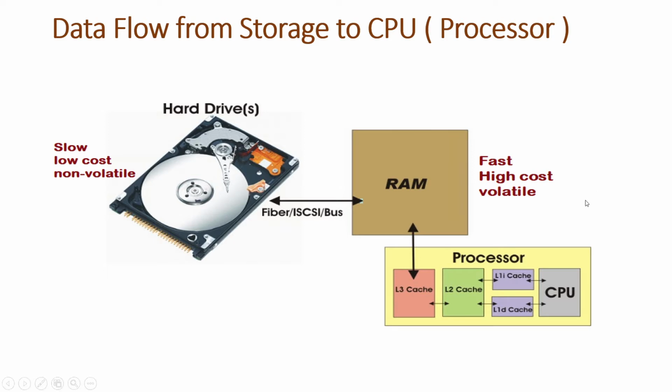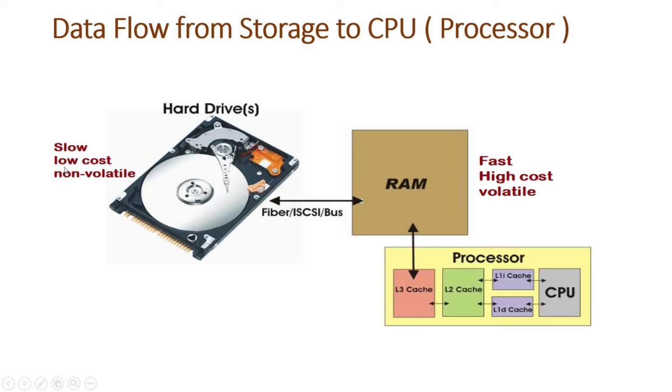This is the hard drive, right? This can be an external hard drive, pen drive or CD drive, and this is RAM. This is our processor, which we can call CPU, like i5, i7, AMD, etc. So this structure exists in every system.